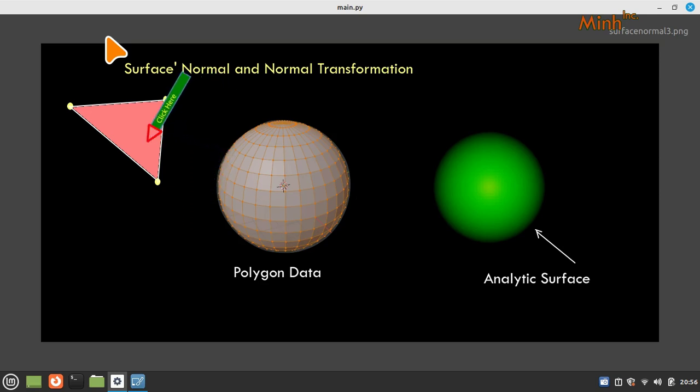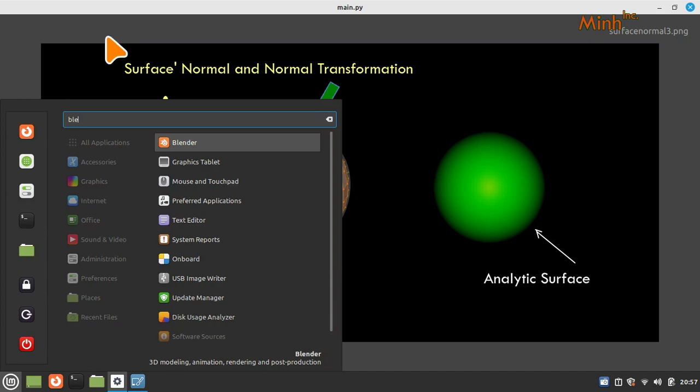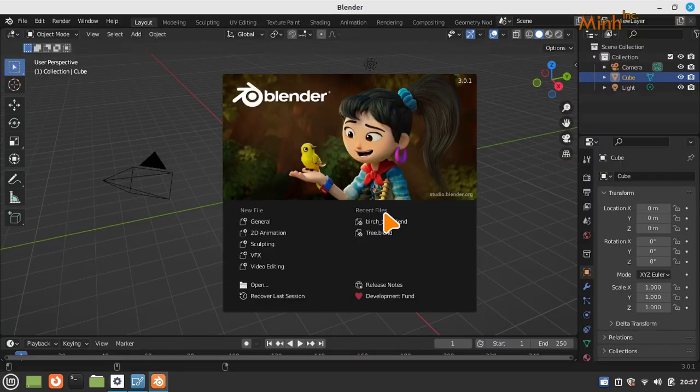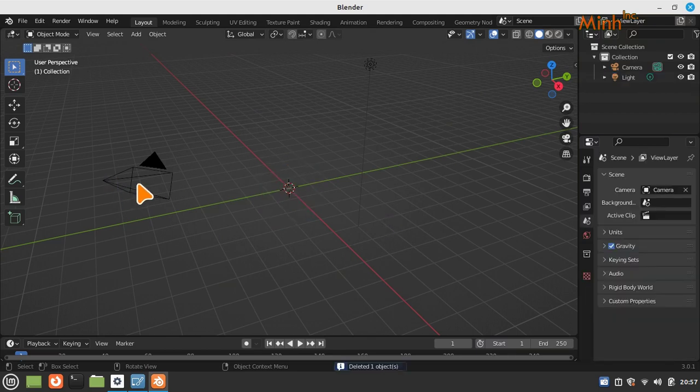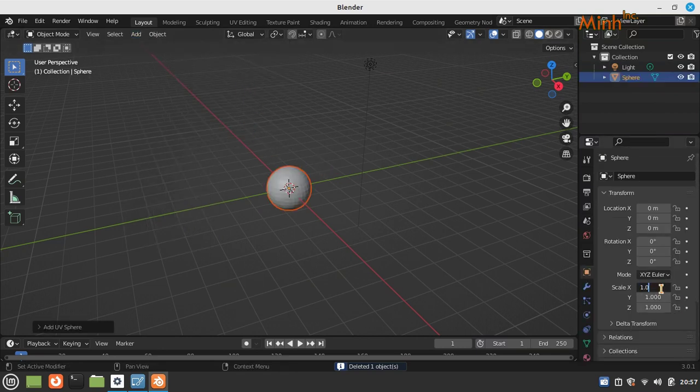Now, a surface can be of 2 types, polygon data. Can we see so many polygons? These are squares, so these are quads. This can be a triangular polygon also. So I can have a sphere.